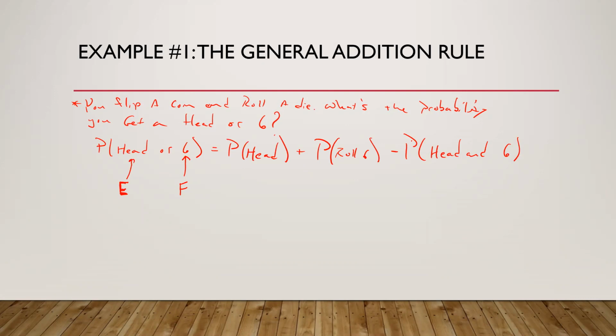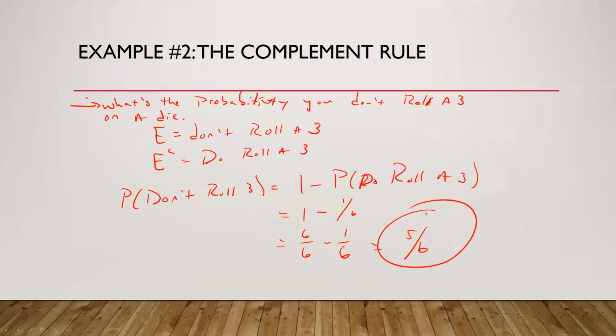Remember, this formula should give us 7 out of 12. Don't overthink this question. If you flip a coin, what's the probability you get heads? Half. If you roll a 6-sided die, what's the probability you roll a 6? 1 out of 6. Minus the probability of a head and a 6.